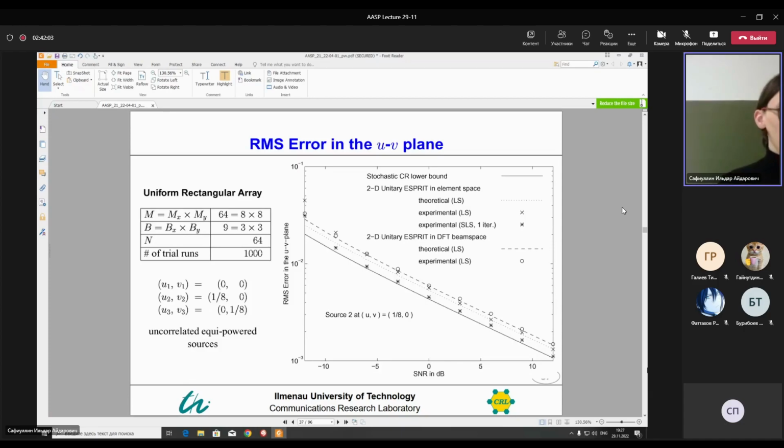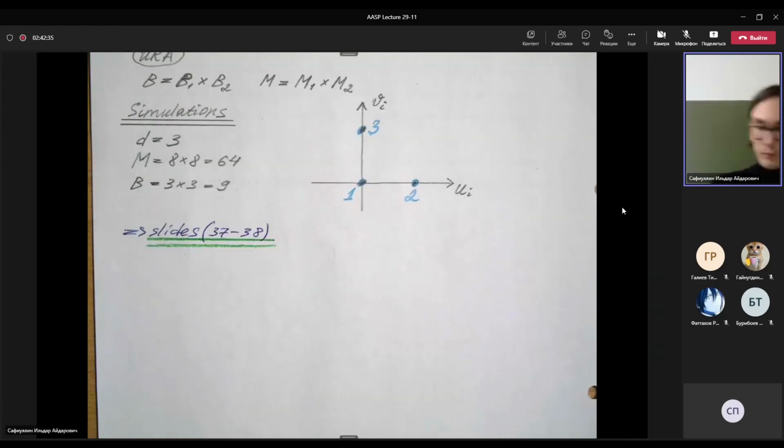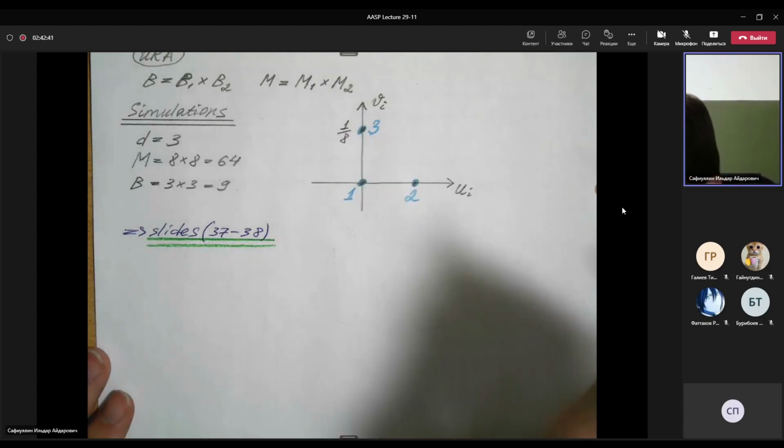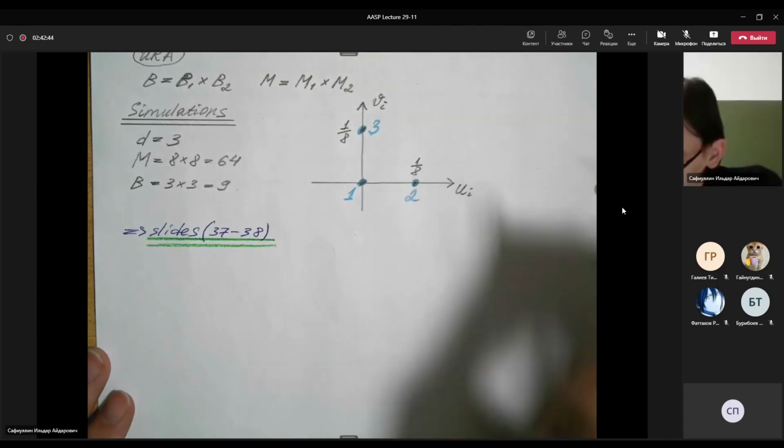And yes, now you can see why we show it like this. The location of source 1 is U1, V1, which is equal to 0 and 0. Then U2, V2 for source 2 is 1 over 8 and 0. And for source 3, it is 0 and 1 over 8. So let's show here that this point is equal to 1 over 8, and this one 1 over 8.